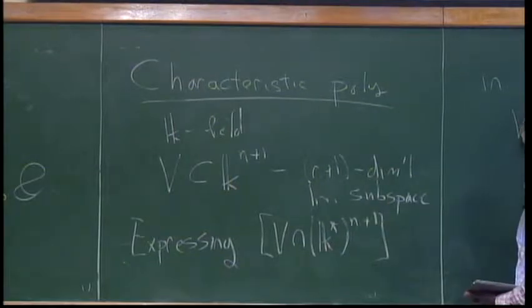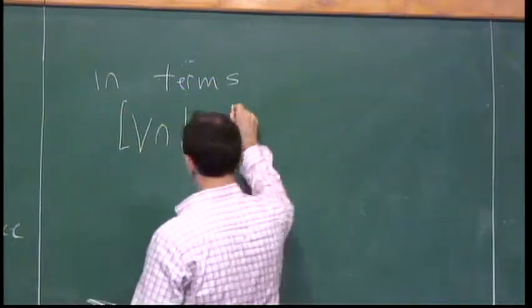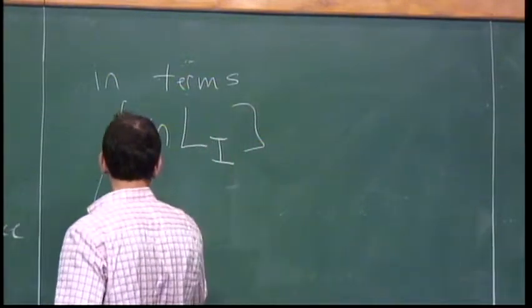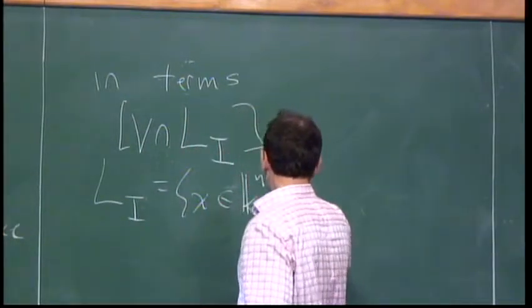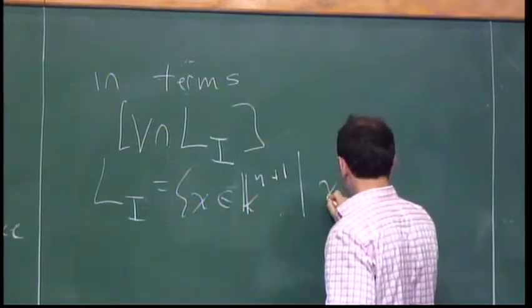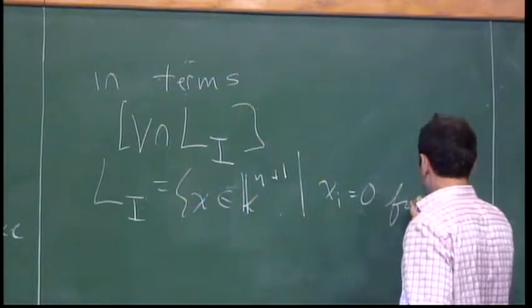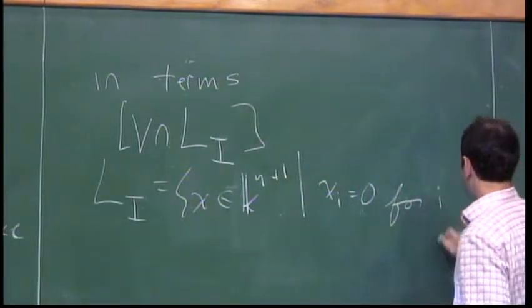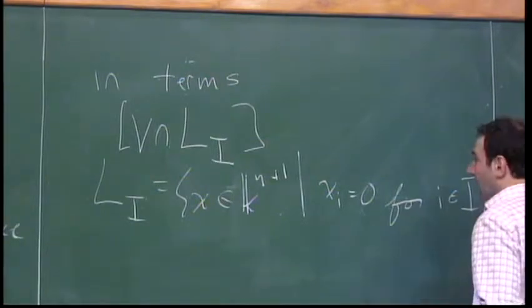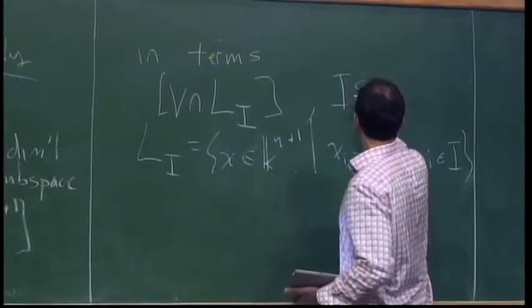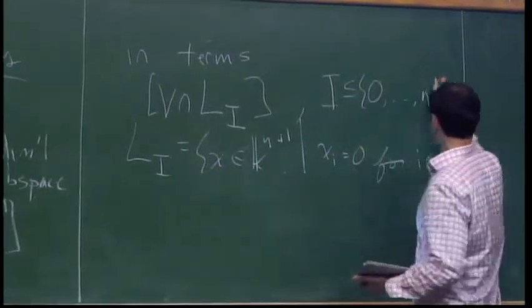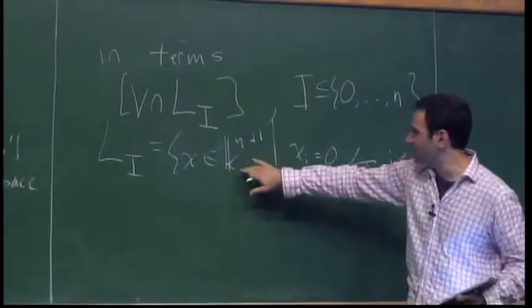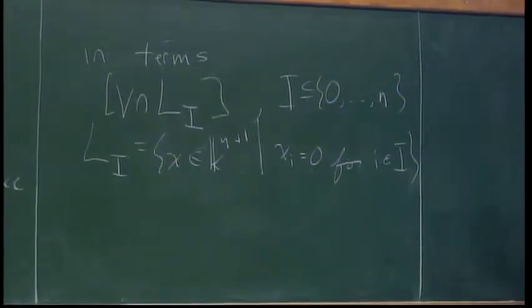So these are sets of the form V intersect L_I, where L_I is the set of all points in my subspace where the coordinates corresponding to elements of I are 0. So here, I is a subset of 0 through n. So I'm labeling the coordinates in K^(n+1), 0 through n.